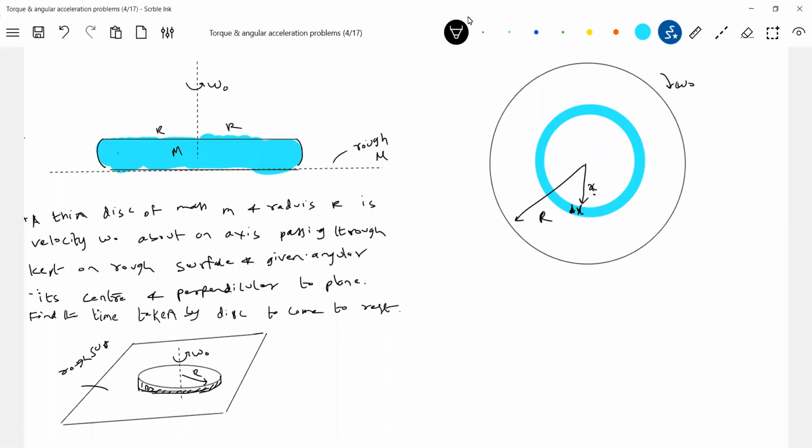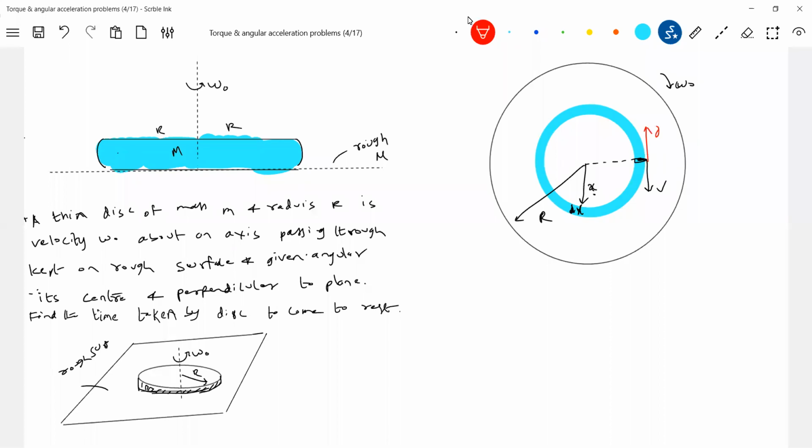How should the friction act on this? At every point, the friction should act tangentially. Not at one point, the friction will be acting at all points on the disk. Let me choose a reference point. The linear velocity of this element will be v like this, so the friction will act in this direction.